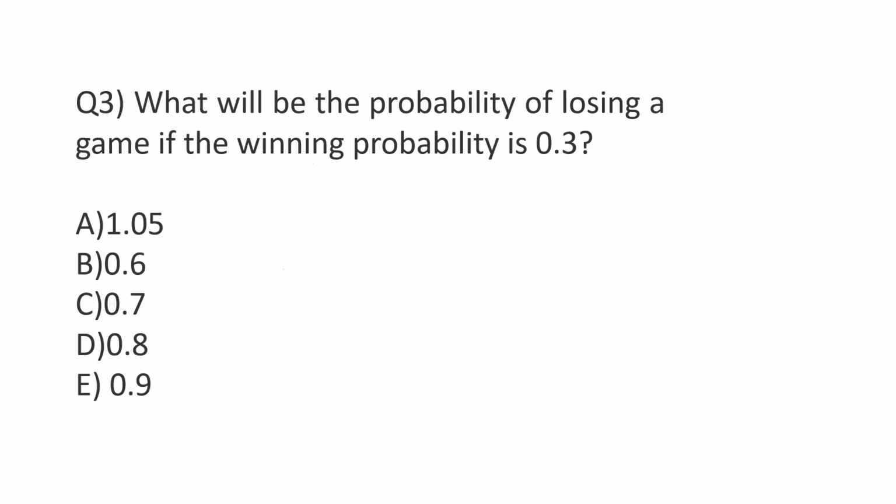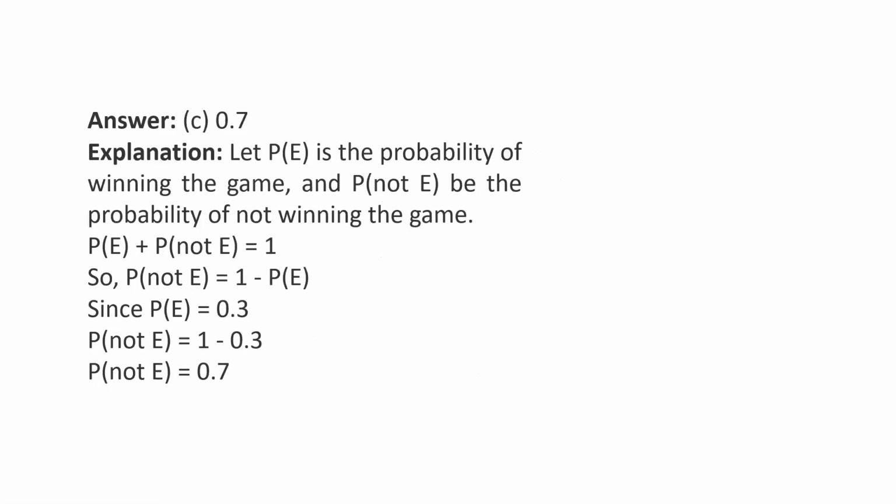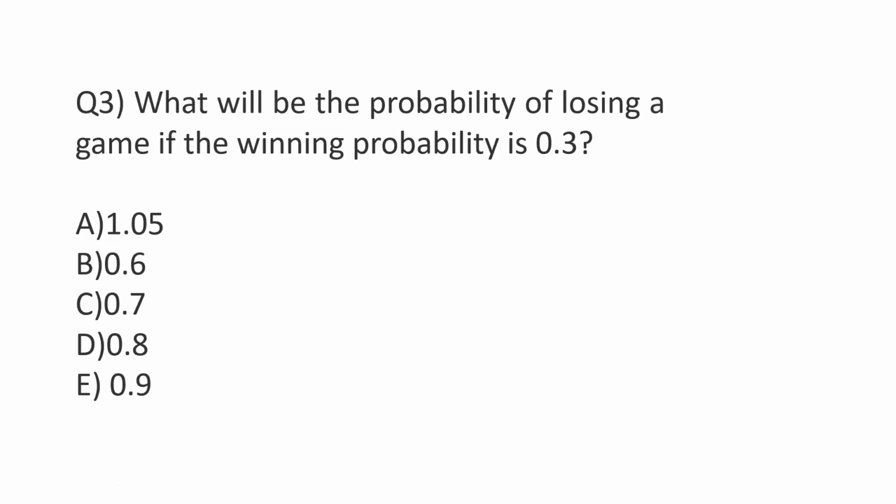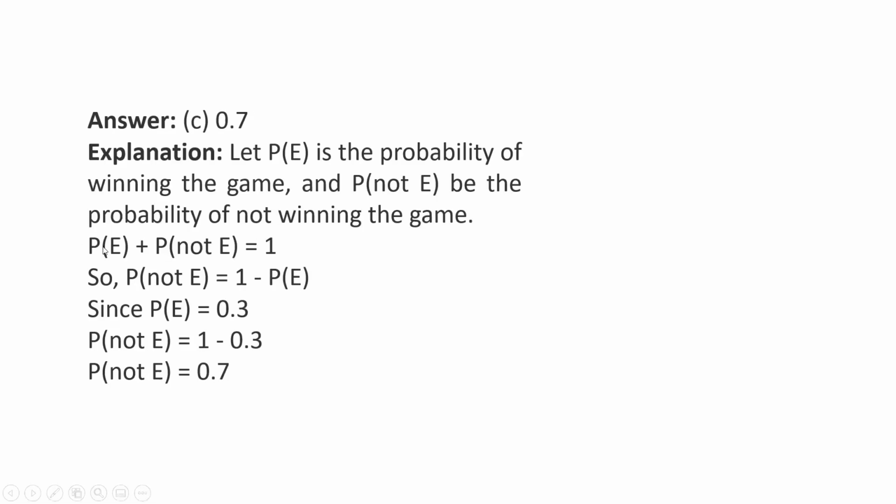So the probability of losing would be C. This is an example of a complementary event. The probability of having the event and not having the event equals 1. So 1 minus 0.3 comes out to 0.7.